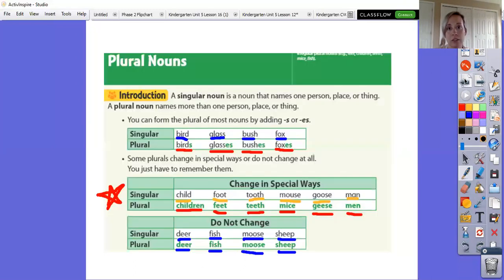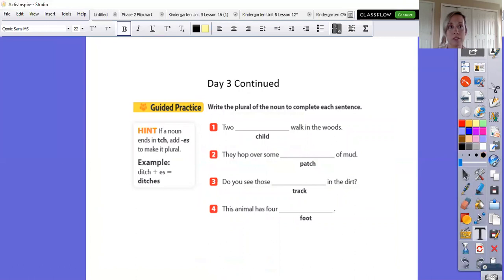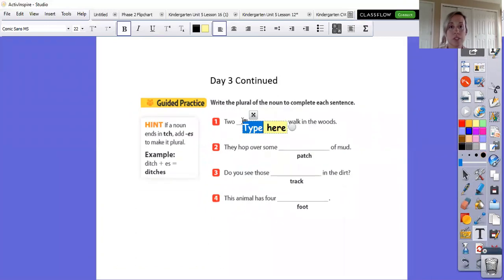Let's look back. Child became what? I don't say childs, children. So it's going to say children, okay? Children, 2 children, okay?